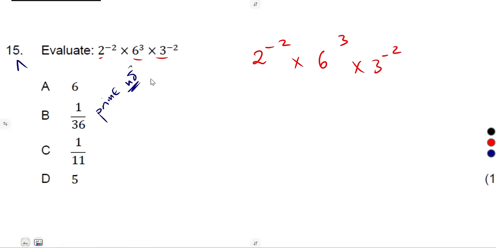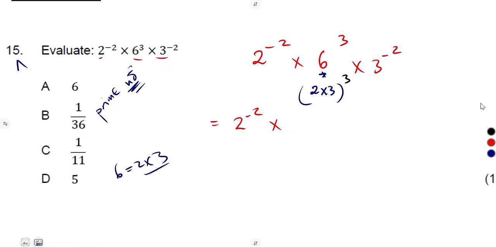Try to rewrite numbers as prime numbers: 2, 3, 5, 7, and so on. 6 is not a prime number, so we are supposed to rewrite as prime factors. So 6, 2 times what? 2 times 3. So in place of a 6, I could have written 2 times 3 raised to the exponent of 3 as it was before.